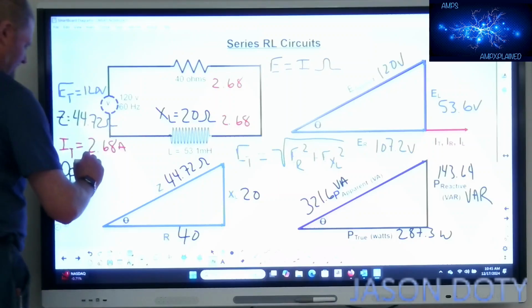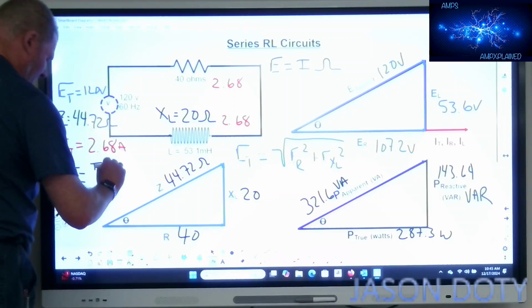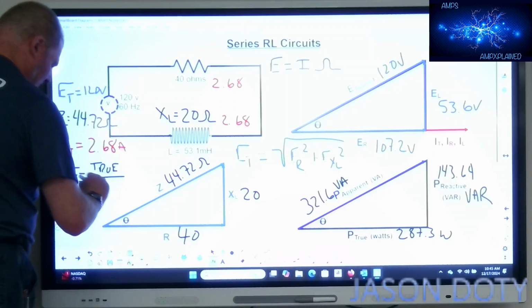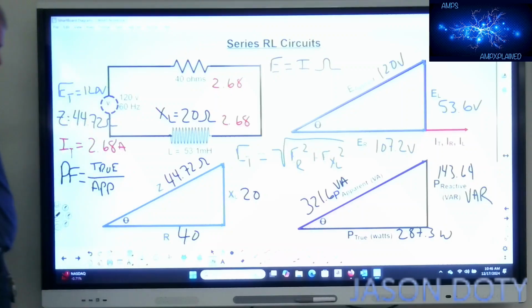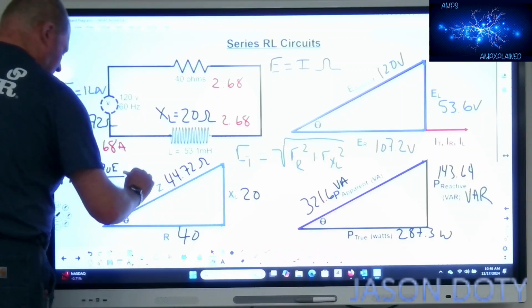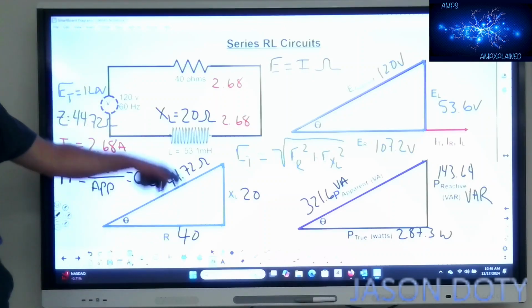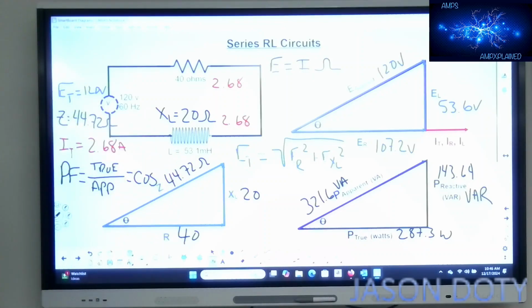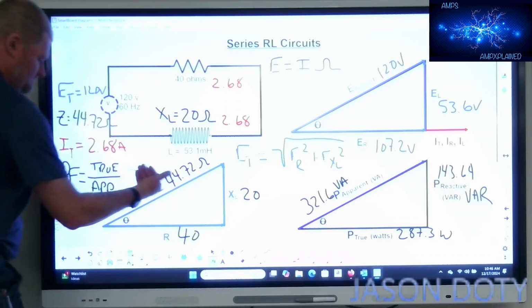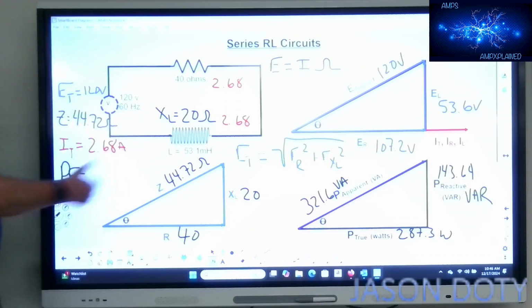Power factor is true power divided by apparent power, or the cosine function of an adjacent over a hypotenuse, which means we can use any side of the triangle we want, because the angle will always be the same.